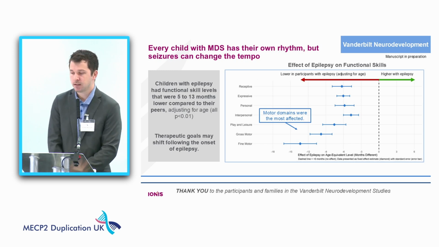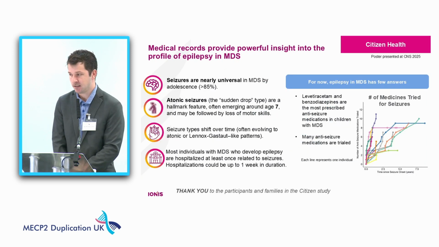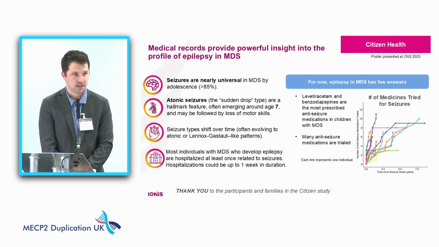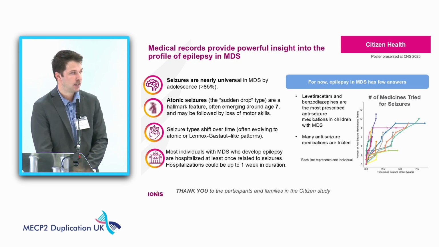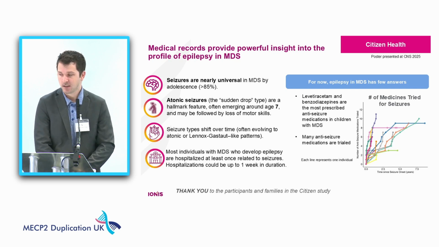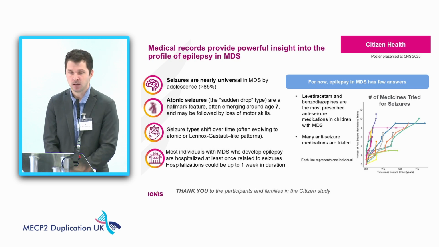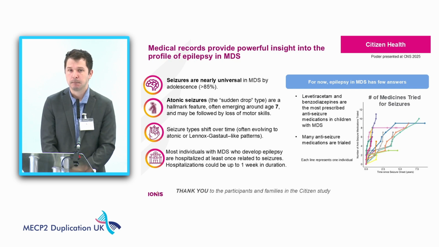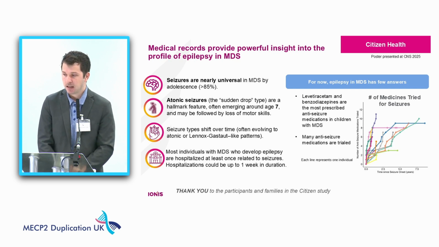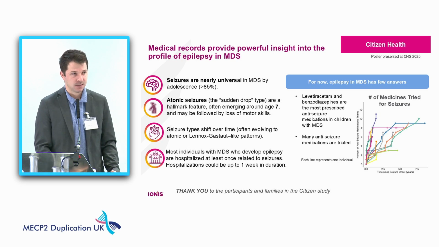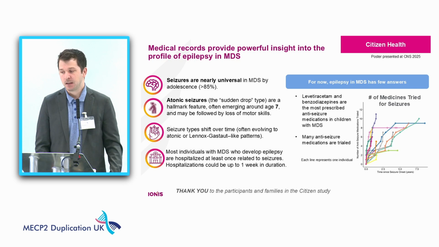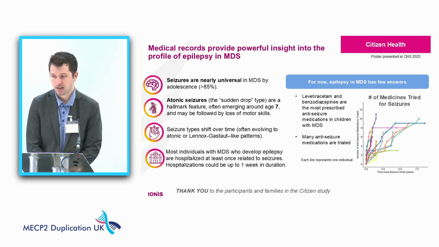Okay, we're going to switch gears to the medical record-based study, Citizen Health Platform. So the way this study works is that individuals in the US provide consent on a platform for an organization called Citizen to retrieve all their medical records, prescriptions, images, MRI, EEG, and all of those interpretations, put it into a standardized data set where everyone's terms are the same, events are coded similarly, and then we can analyze that in a very systematic fashion.